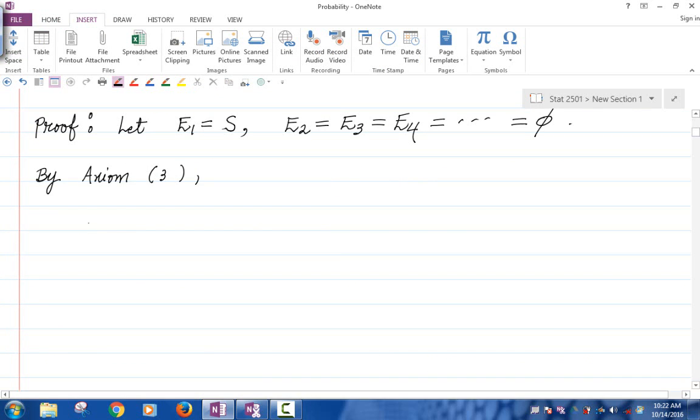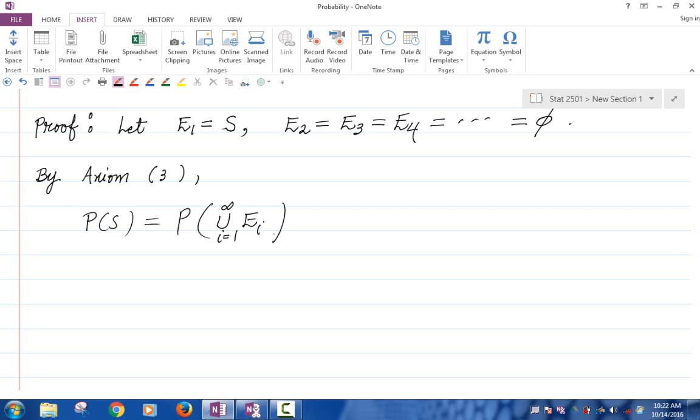Okay, so by axiom 3, notice that the probability of S, first of all, would you agree that the union of all Ei, i going from 1 up to infinity, the union of E1, E2, E3, is exactly the same as S, right? You agree? S is the same as the union of E1, E2, E3, right? Because E1 is S and all the other ones are empty, so the union of them is exactly S.